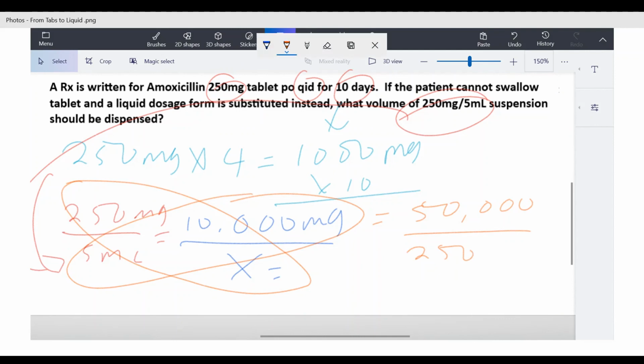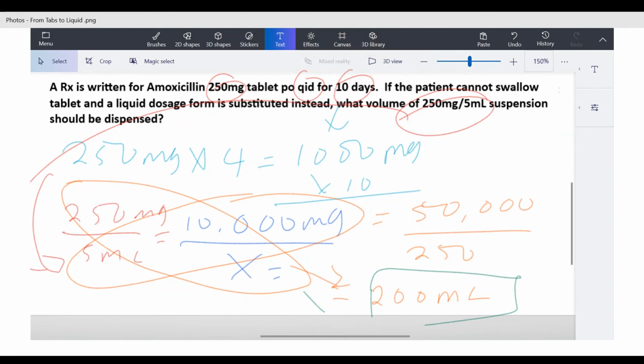If you have a calculator, please go ahead and do this: 50,000 divided by 250, and you should get 200 milliliters, which is your X. So X equals 200 milliliters.